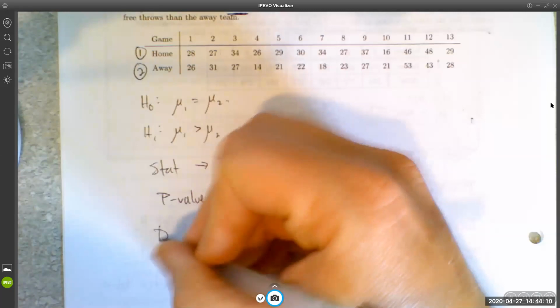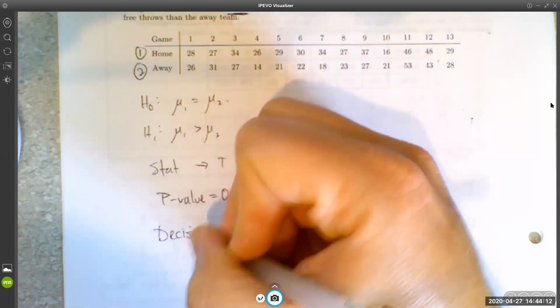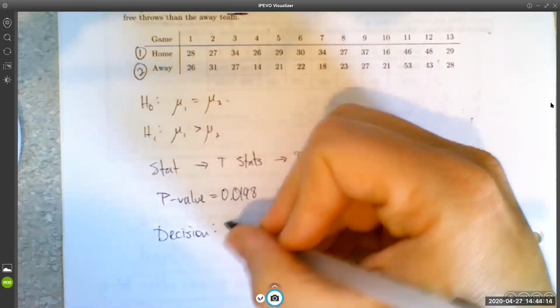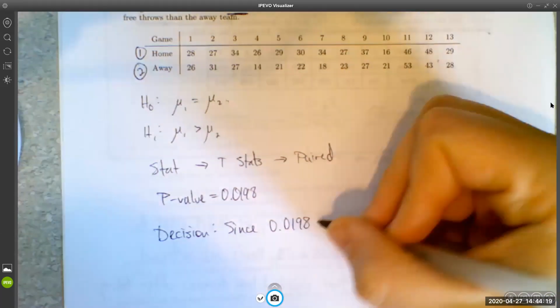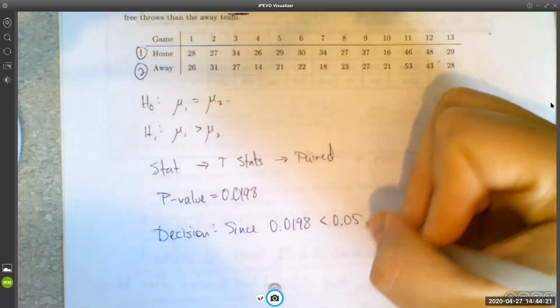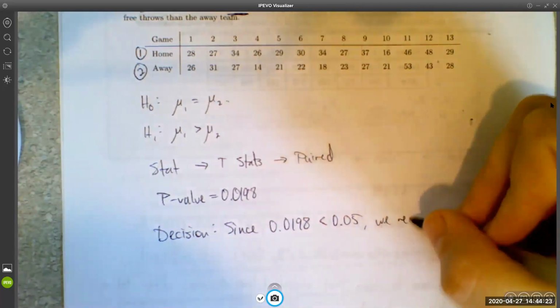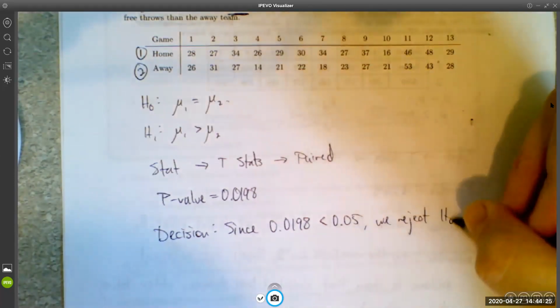So we're going to say, since the p-value is less than alpha, we reject the null.